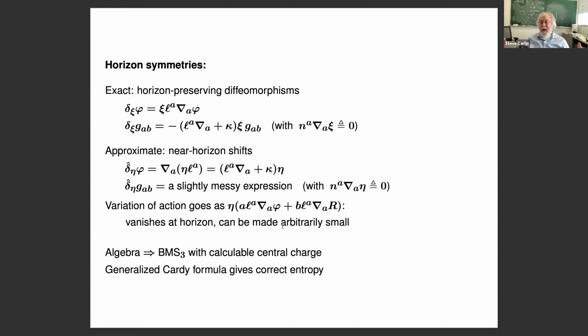And it does this in a context that no longer depends on what black hole you chose, because you can do this dimensional reduction for any black hole. But it does depend on this idea of an approximate symmetry that gets arbitrarily good near the horizon, that needs to be understood formally much better.